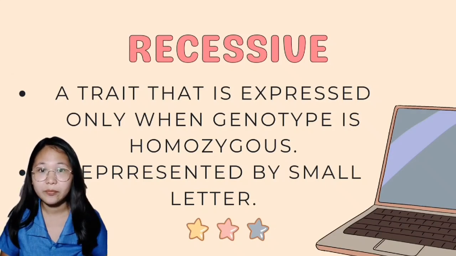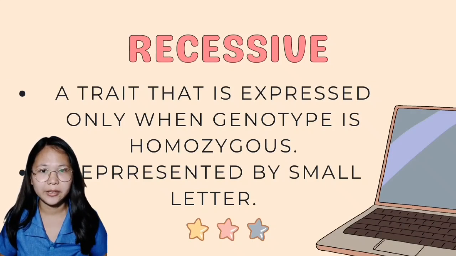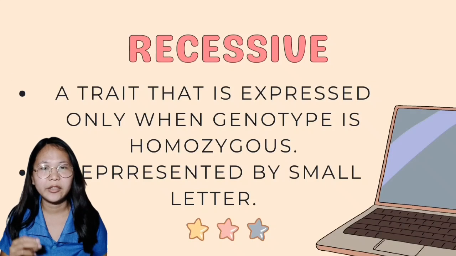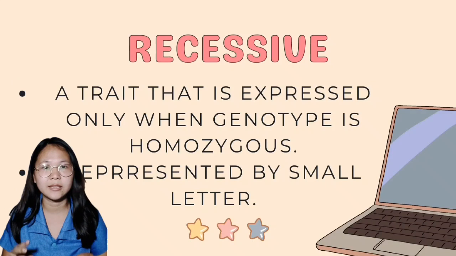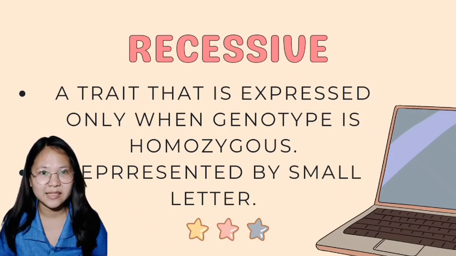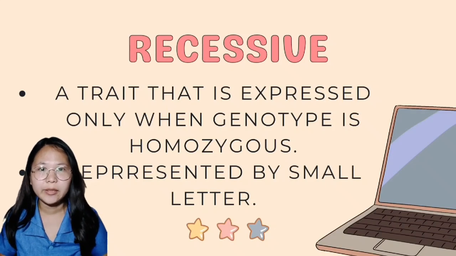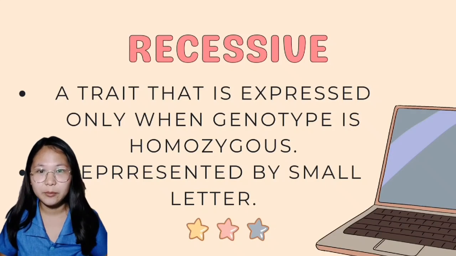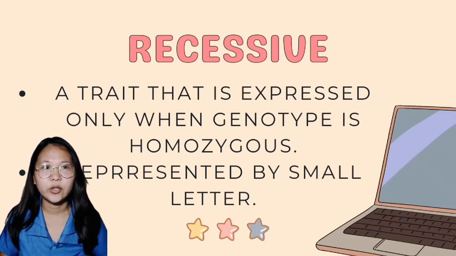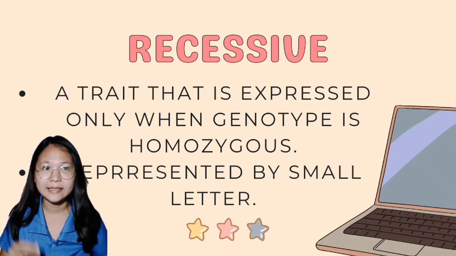For example, two small letters, small a, small b, c, d, any small letter, as long as there are two, it can be seen. But if there is a capital letter, for example capital B and capital B, or capital B and small b, the recessive cannot be seen. Otherwise, only the dominant is seen.